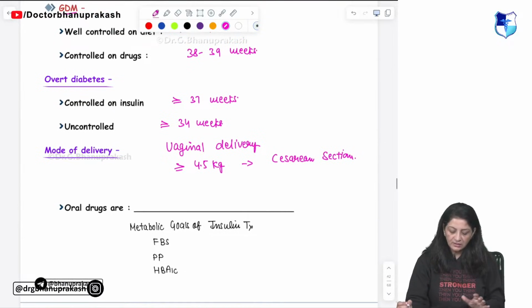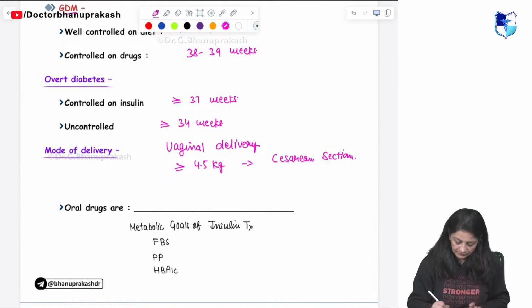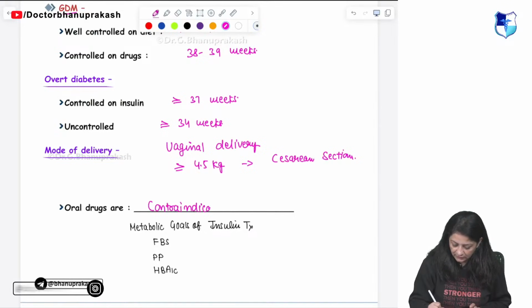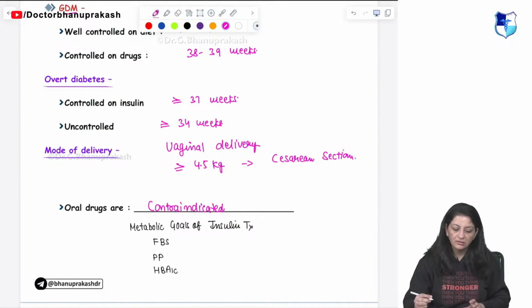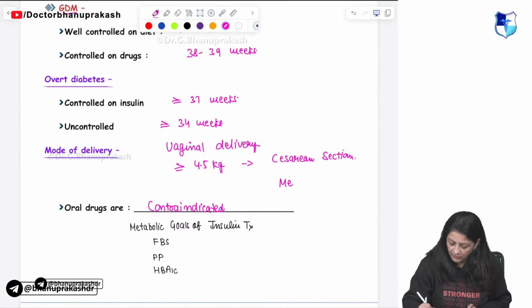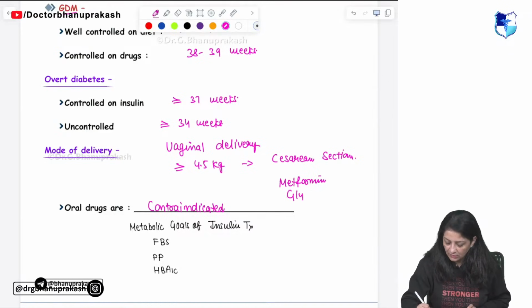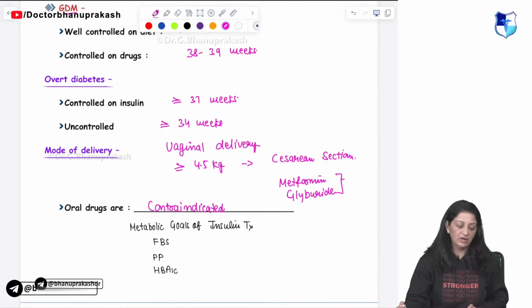So, oral drugs are contraindicated, but we can give metformin and glyburide in second and third trimester.